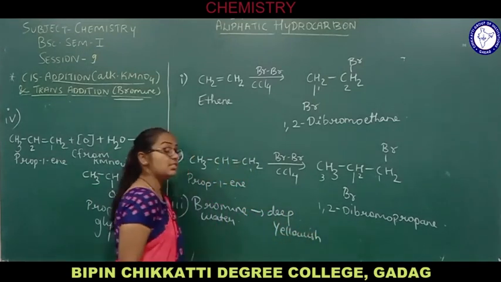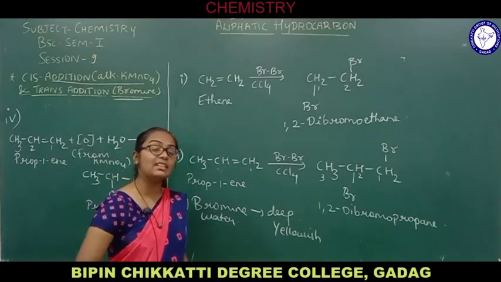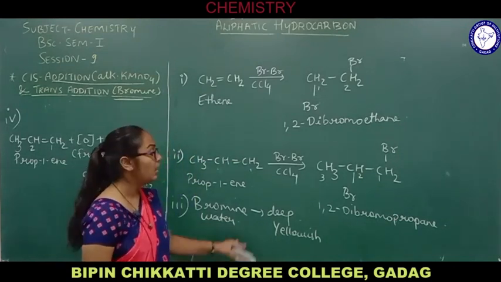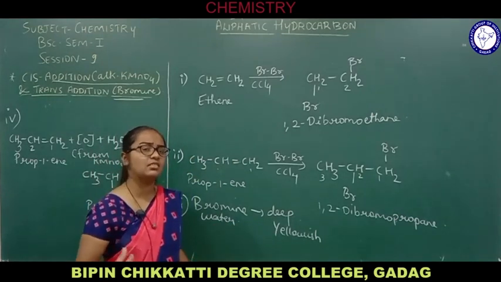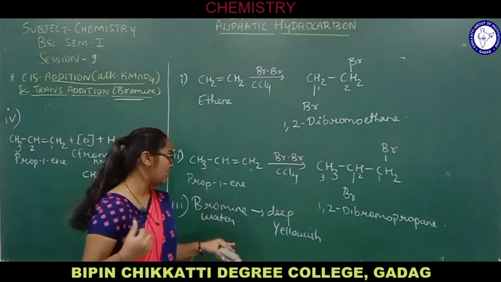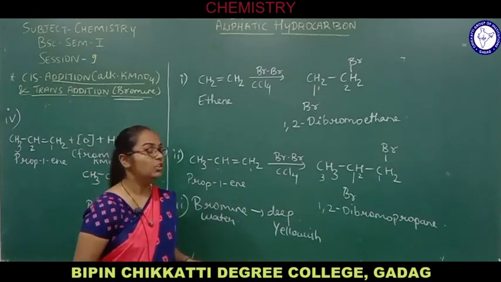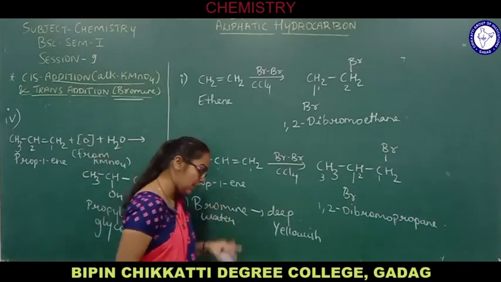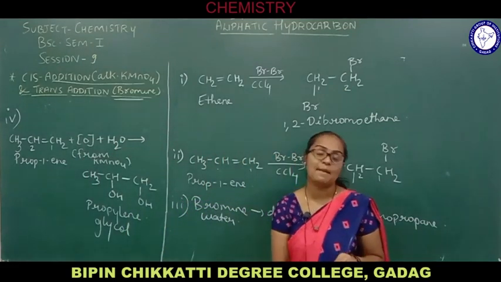Now this deep yellowish bromine water, when you add it into an alkene-containing sample, will disappear in the sense that the deep coloration of bromine will become faint. So that gives the test for any unsaturated compound contained in the sample.